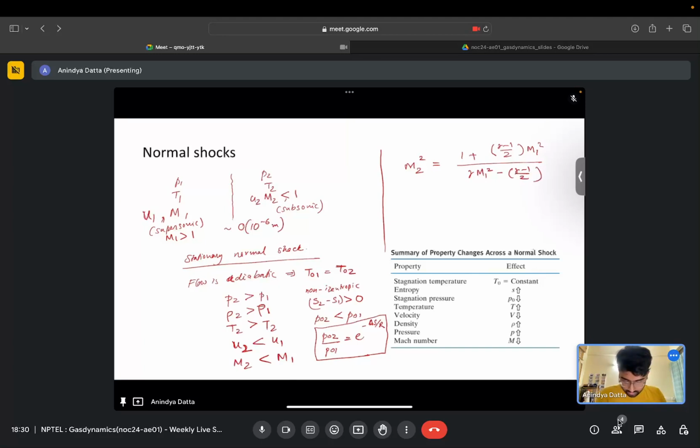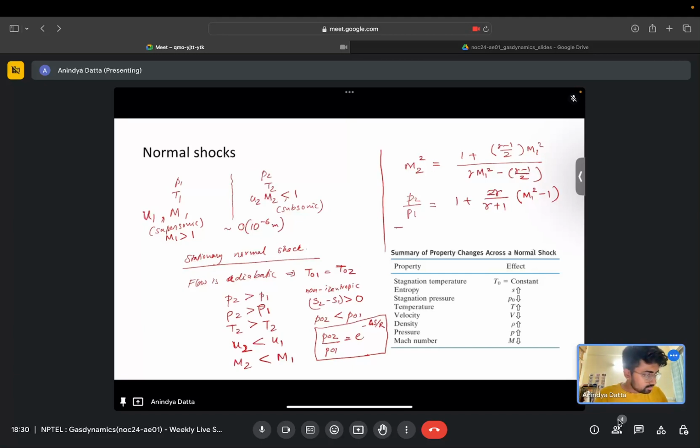This is one formula. And the pressure ratio P2 by P1 is given by 1 plus 2 gamma by (gamma plus 1) times (M1 square minus 1). There is a complicated long expression for the temperature ratio as well, but there are other ways to find the temperature.